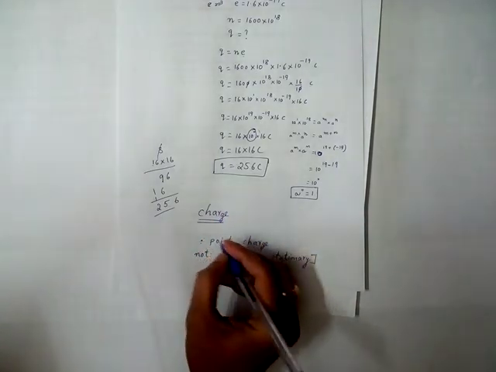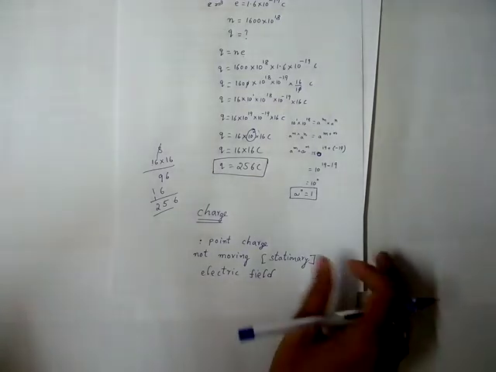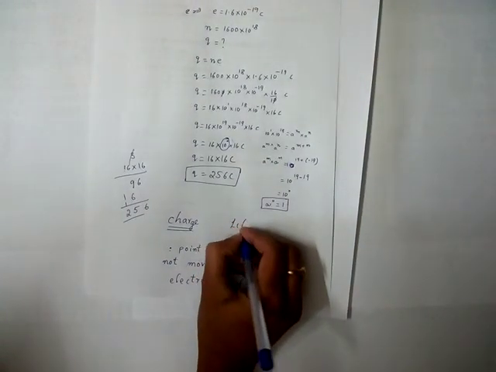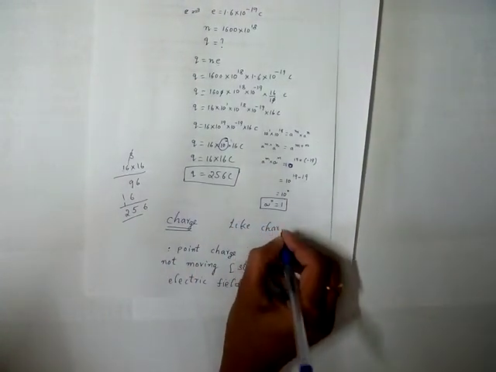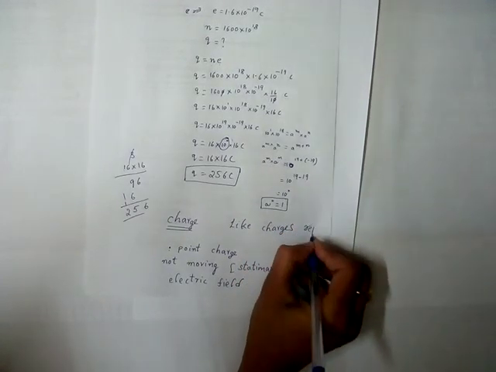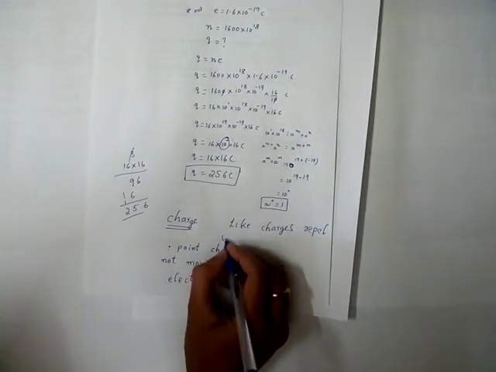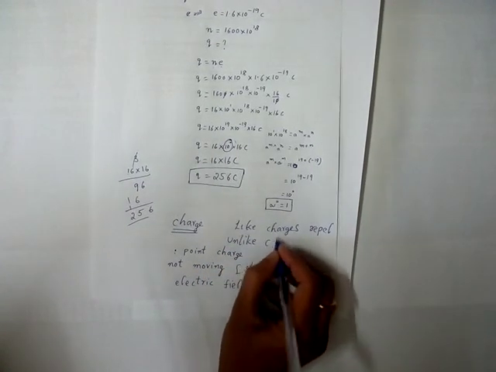Electric field around it. That means if you bring any other charge, it will attract, or it can also repel the charge, depending upon the nature of the charge. We have already learnt in the properties what we have learnt: like charges, means similar charges, repel each other, whereas unlike charges attract each other.